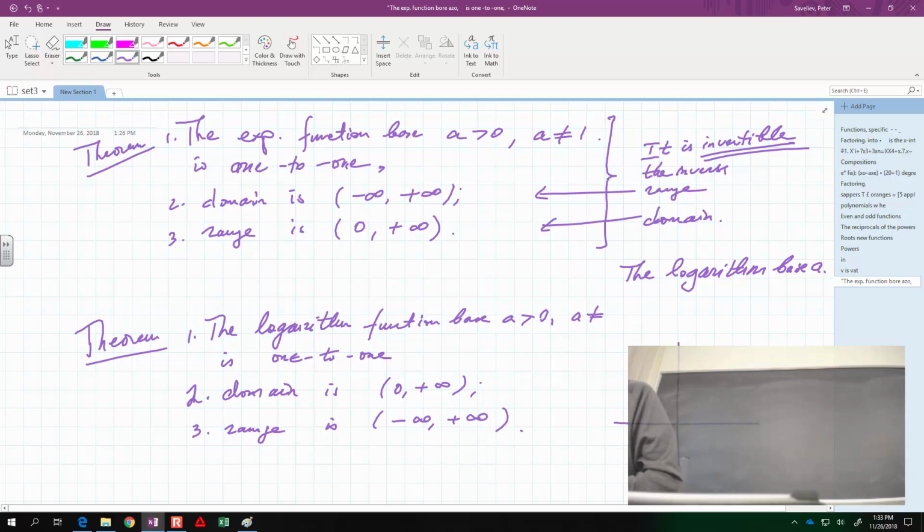So once again the graph is this. It slows down, it increases, but it never stops. That's why the range is everything.